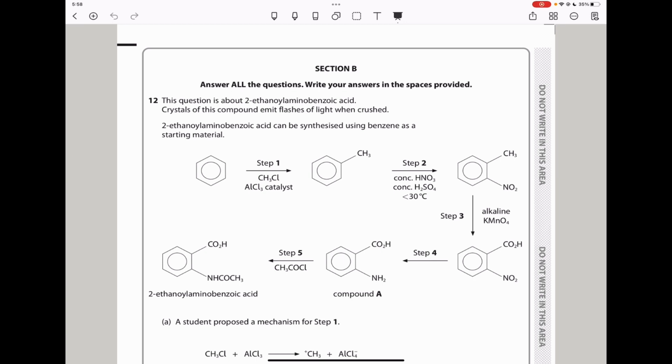So that means if this temperature is really high, this methylbenzene is going to be extremely reactive and further substitutions could occur. So there could be a 2 nitro, there could be a 4 nitro, and so on. But in this case, we want to limit or minimize the substitution. So the temperature has to be lower so that we prevent further substitution and production of other nitro compounds that are not our intended compound.